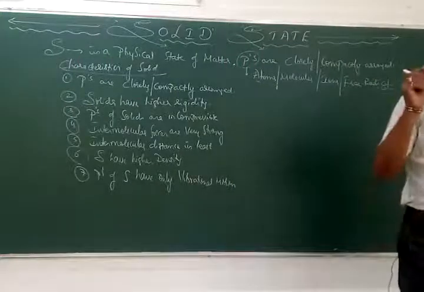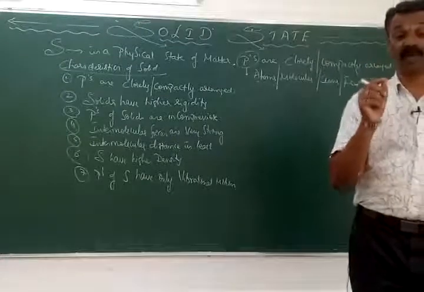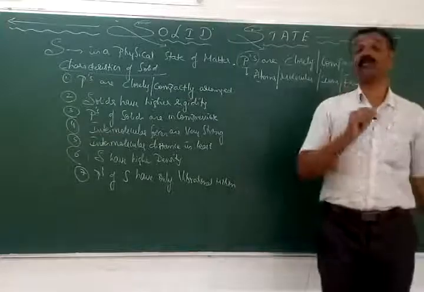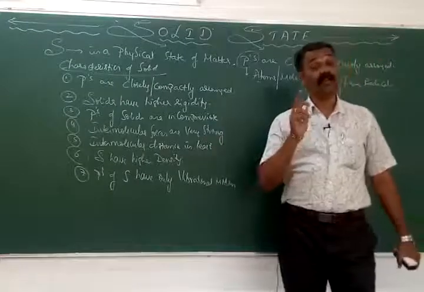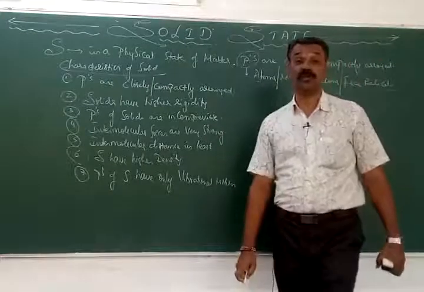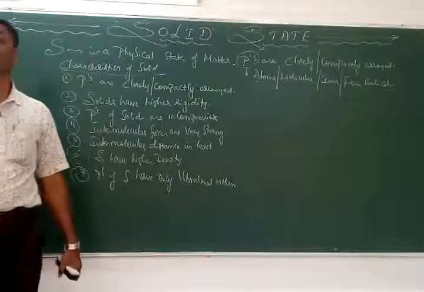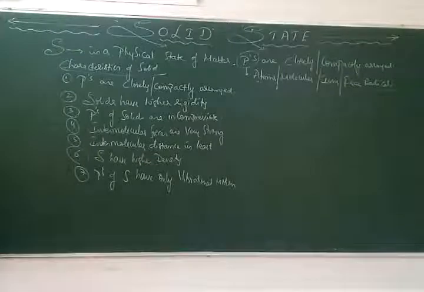But as the particles are highly rigid in nature in solids, at their mean positions, or average positions, they have only vibrational motion at their fixed positions, also called the average positions.